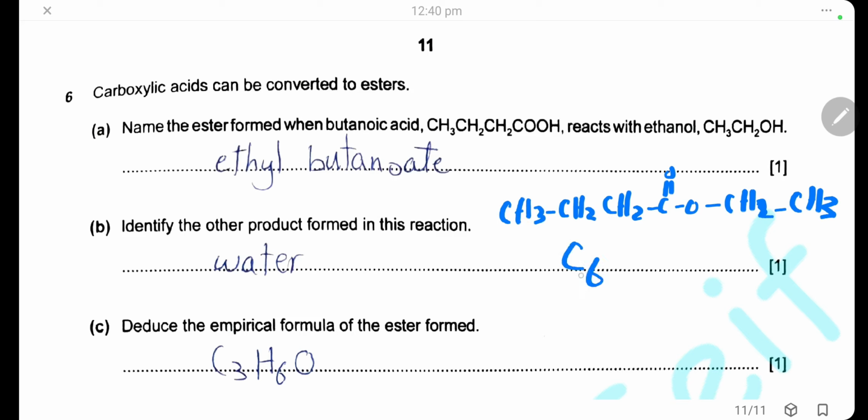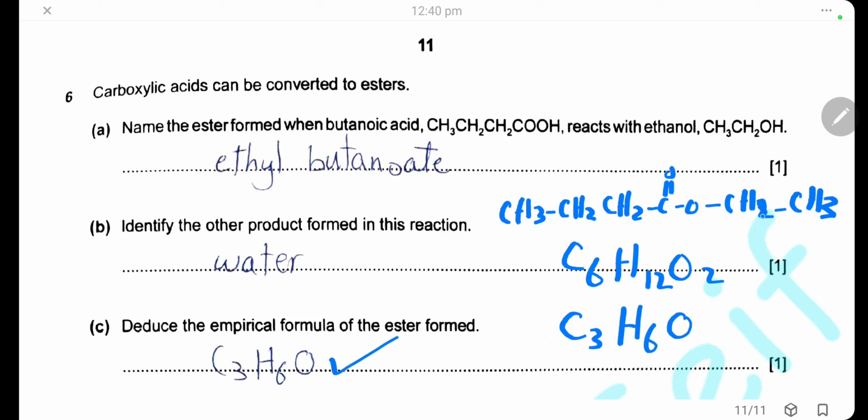We have 6 carbon atoms, and 3 plus 2, 5, 7 plus 2, 9 plus 3, 12 hydrogen atoms, and 2 oxygen atoms. The empirical formula is the simplest whole number ratio from the molecular formula, so we will divide the whole molecule by 2. We will get C3H6O. This is the empirical formula of the ester formed.